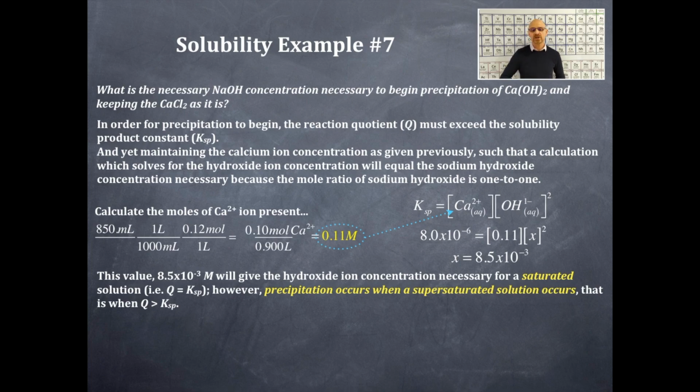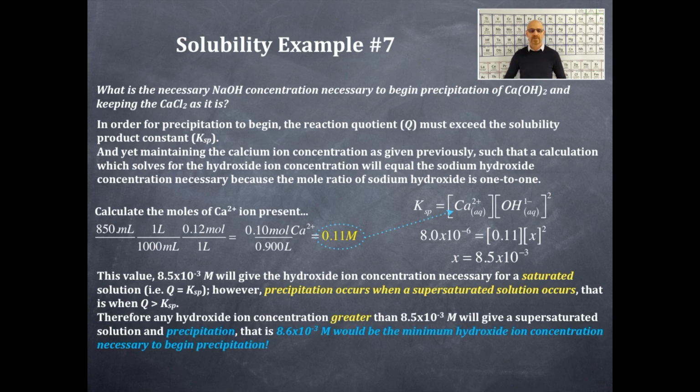However, precipitation does not occur until a supersaturated solution occurs, and that's when the Q is greater than the KSP. So, therefore, any hydroxide ion concentration greater than 8.5 times 10 to the negative 3 molar will give a supersaturated solution and a precipitation.